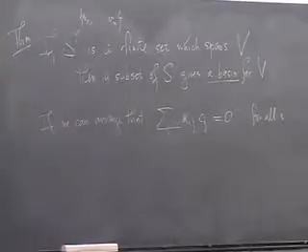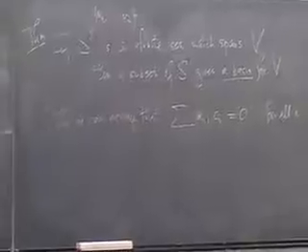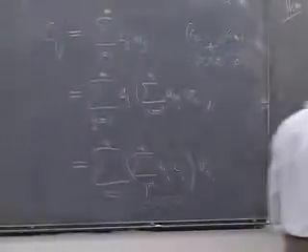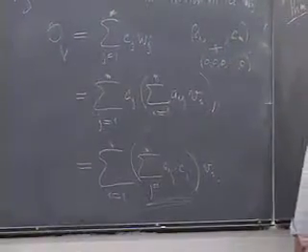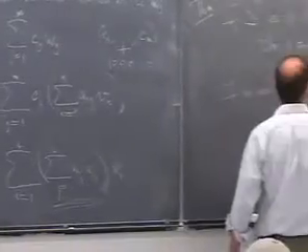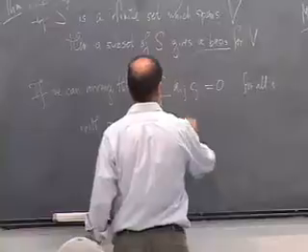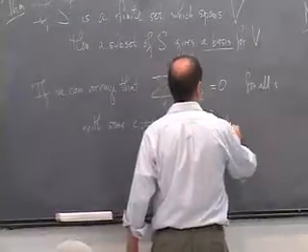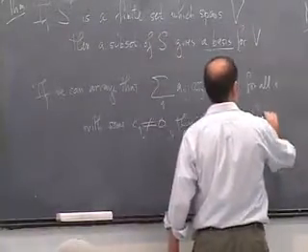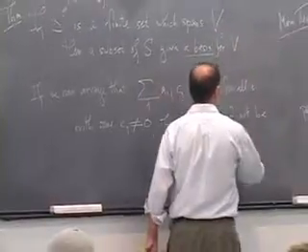So we could certainly get this equal to 0 if we could arrange this. If we could arrange this with the cj not all 0, then the wj could not be linearly independent.